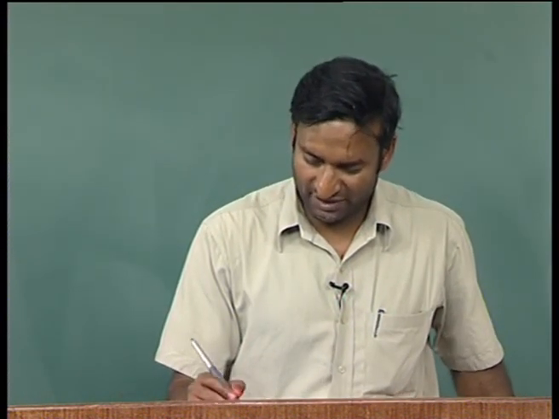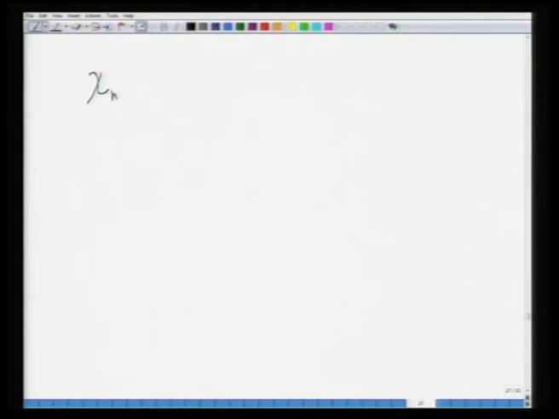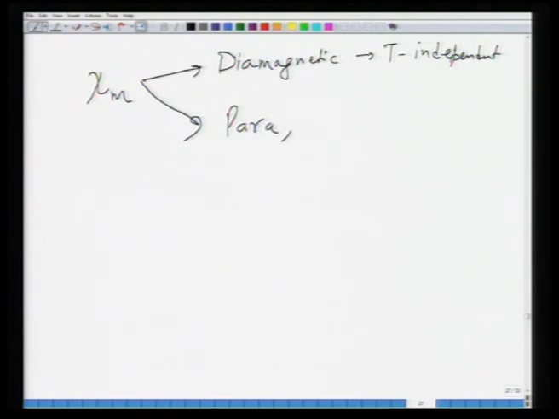So, just as information, chi m for diamagnetic is temperature independent, but para and ferro are temperature dependent. So, this is an important difference, which we will also see in the next lecture.